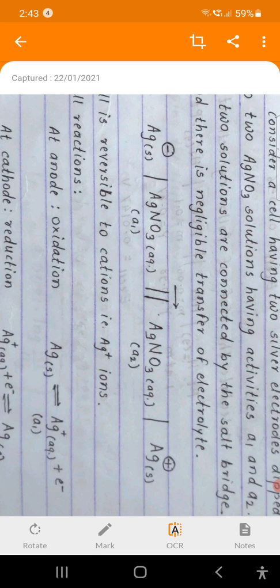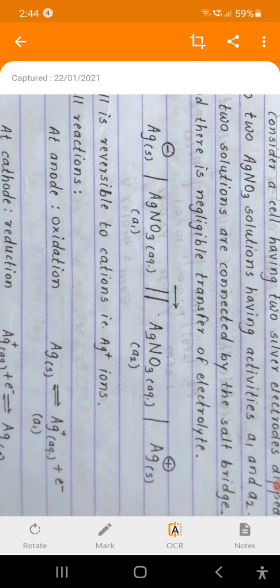The two silver nitrate solutions have different concentrations, A1 and A2, placed in separate beakers and connected by a salt bridge, represented here by double vertical lines between the two AgNO3 solutions.